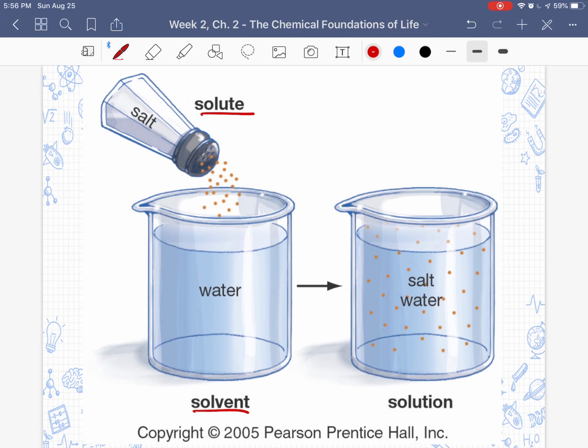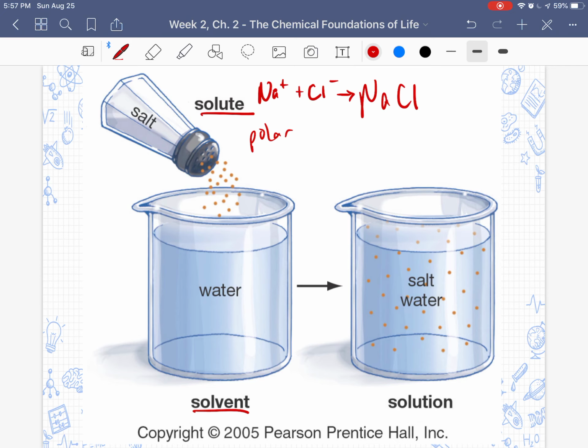So that salt is going to be broken down in that salt water, and it's actually, because salt is ionic, NaCl, that means that we have a positive Na plus a negative Cl make NaCl, right? So we have a positive charge and a negative charge, and we talked about how water is polar, which means it has a positive end and a negative end.